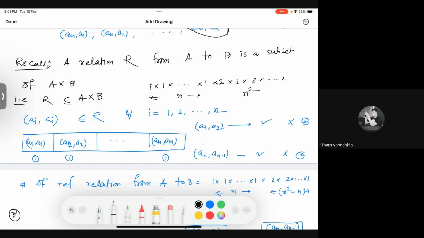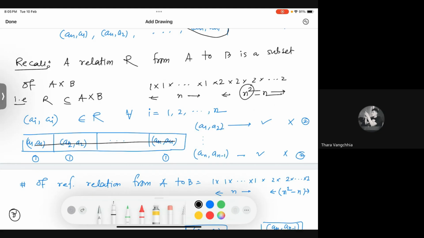So there are n square minus n elements with two choices, because n elements have exactly one choice. There are a total of n square elements, and n square minus n plus n is equal to n square.